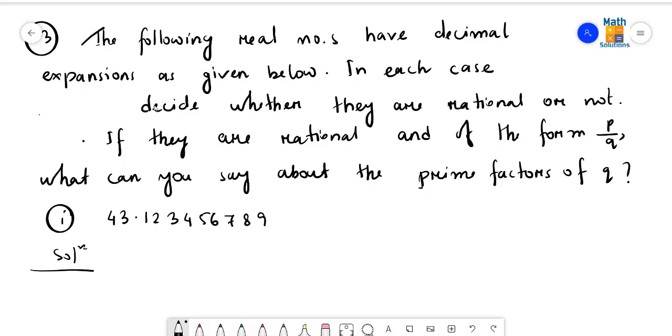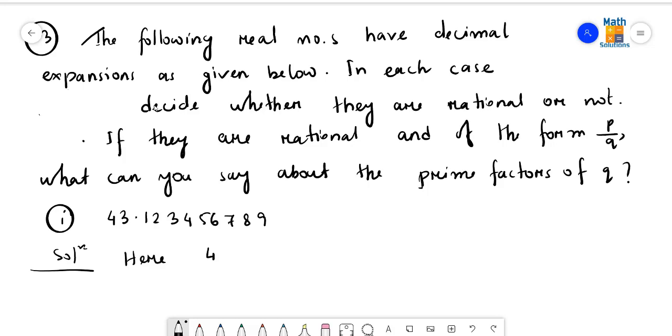So just by looking at this expression, we can say that this is a terminating decimal expansion. So if it is a terminating decimal expansion, it can be expressed in the form of p by q, where q can be expressed in the form of 2 to the power n into 5 to the power m. So here in this case, the prime factors of q will be 2 and 5. So let us see what do we get here.